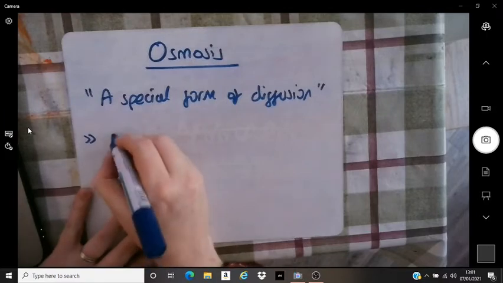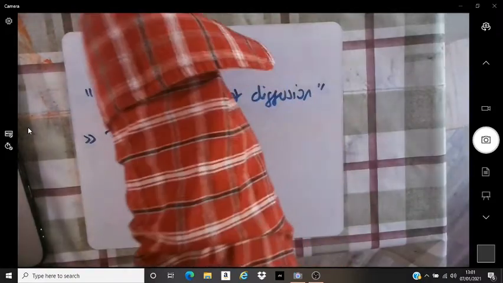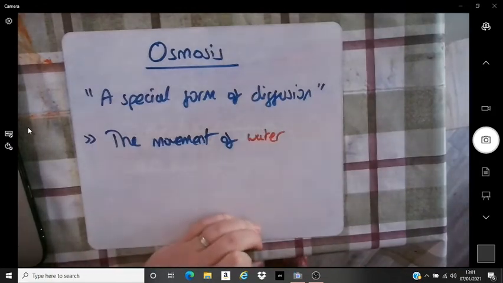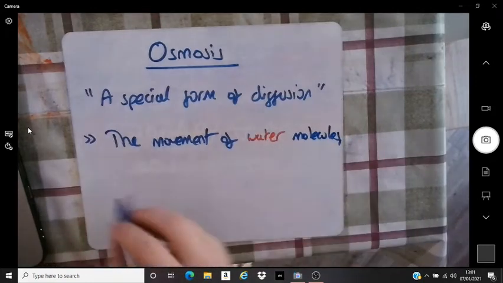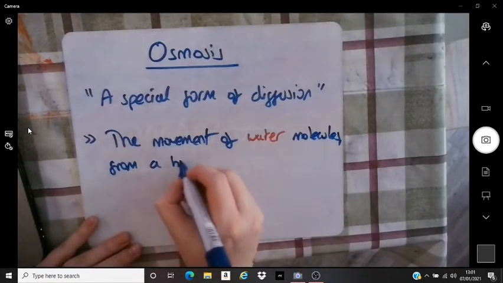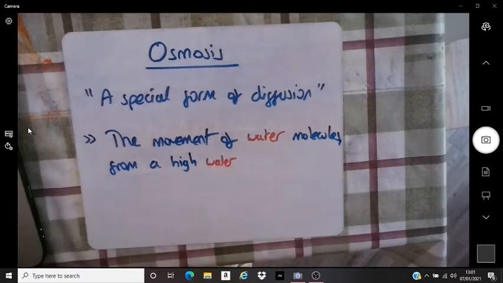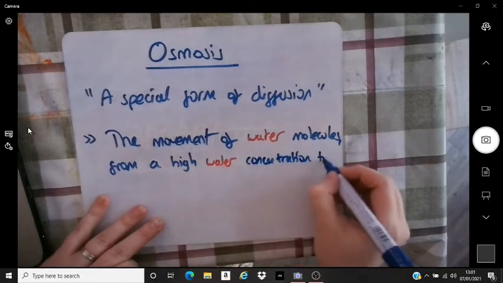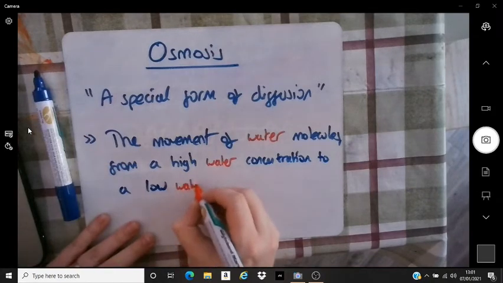So my definition, the movement of, I'm going to put this in red because it's absolutely crucial, water molecules from a high water concentration to a low water concentration.